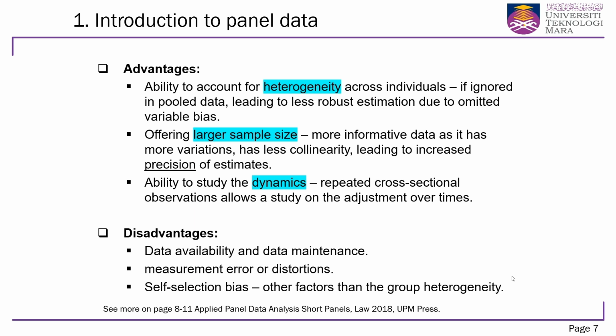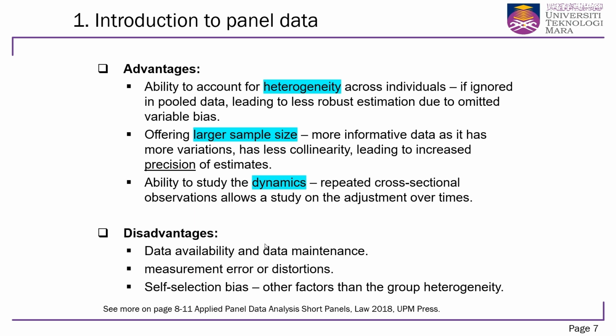The data will be less collinear, and from the more information that we have, it's going to lead to more precise estimates. And finally, we are able to study the dynamics of the relationship because we collect data across multiple time periods, so we can see the dynamics of adjustment over time.